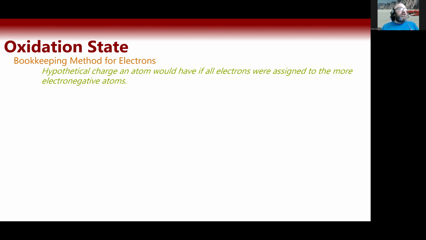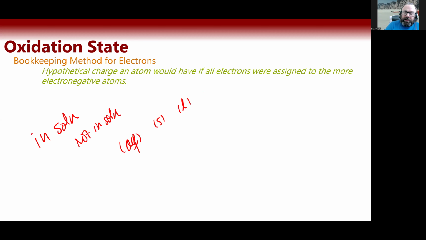Okay, our official definition here is that this is a hypothetical charge on an atom that it would have if all of the electrons were assigned to the more electronegative atoms, which is kind of weird. This can happen in solution or not in solution. So as we work through these reactions, we're going to see things that are aqueous, solid, liquid, gas.